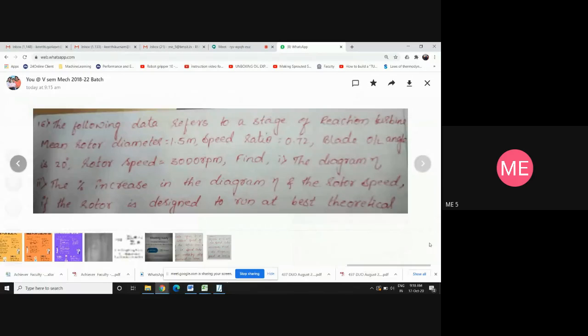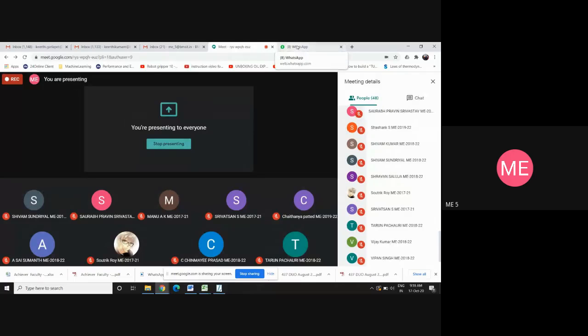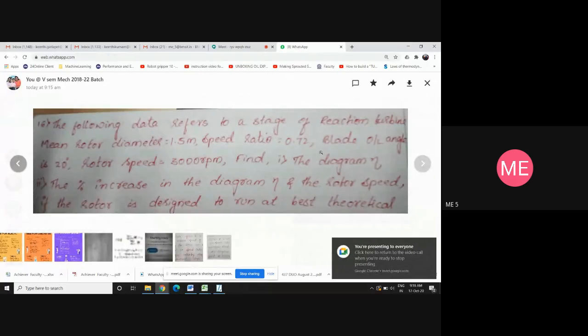Be ready with the sheet. Whenever I'm going to ask the problems, you have to submit these sheets. For all of you, I'm repeating again and again: if half of the problem is done in one sheet, don't start this question in that sheet. You start this question in the next sheet. Understood? Write this fast.